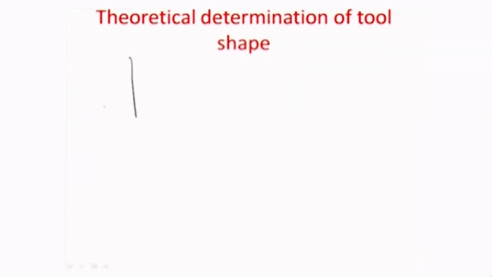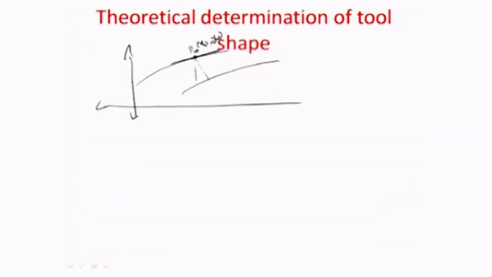So, a little bit looking at a little more fundamental way, if this is the surface that we are trying to interrogate, which is actually the workpiece surface, and this is the point Pw that we are trying to use to find or trying to map into the tool surface. At this particular point, the tangent which happens here, okay, is really in this direction, right. This is the tangent at this point, and we already know that the way that the surface would move is at an angle of theta with respect to the vertical direction.